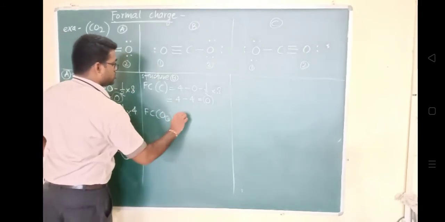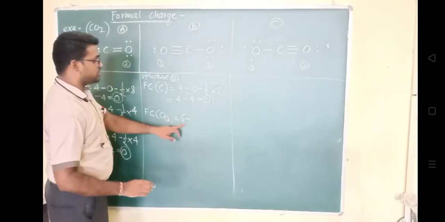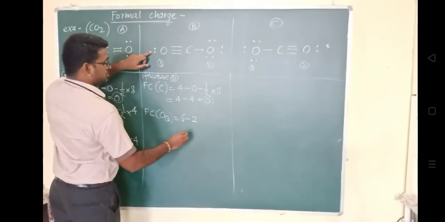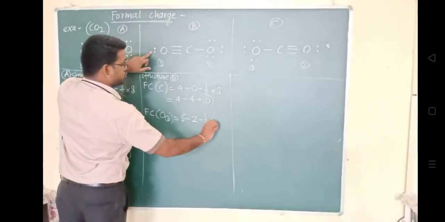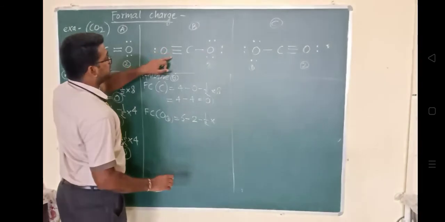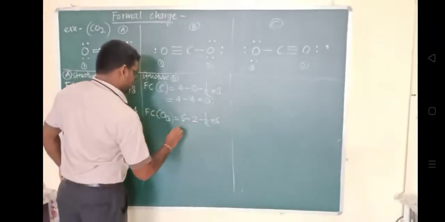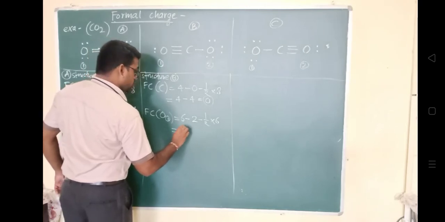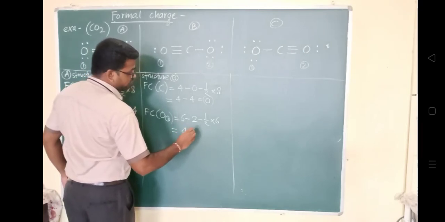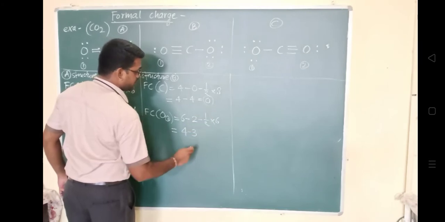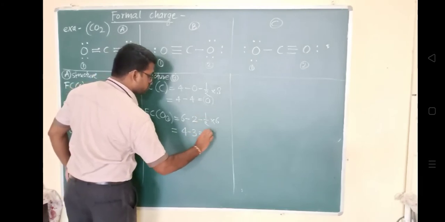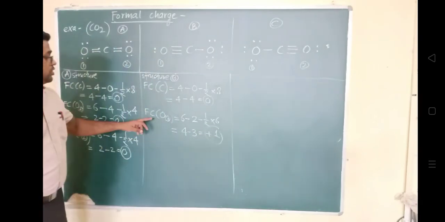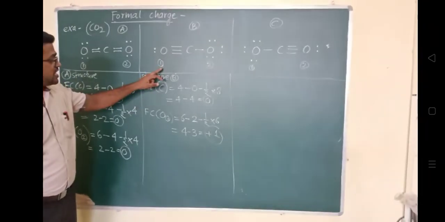So 6 is the total valence electrons, minus 2 non-bonded electrons, then minus 1 by 2 into bonded electrons, 1 2 3 4 5 6, 6. So 6 minus 2 is 4, and 4 minus 3, because 6 divided by 2 is 3, equals plus 1, because it is a charge we have to represent with plus 1. So the formal charge on the very first oxygen atom is plus 1.